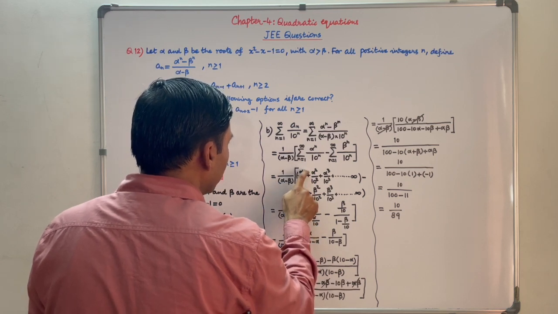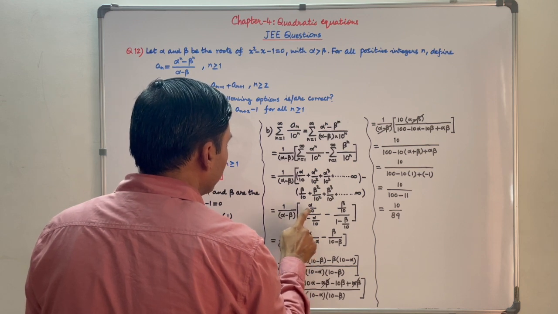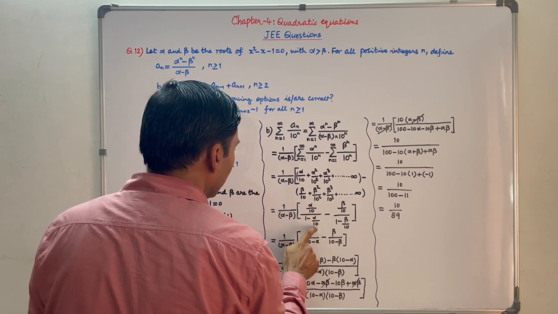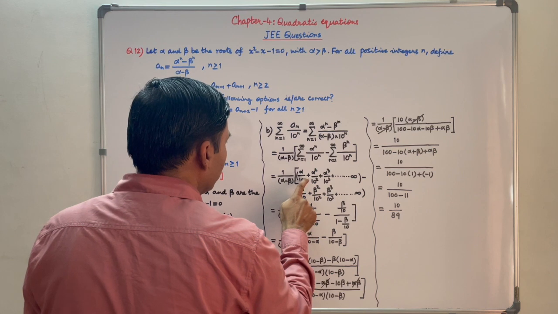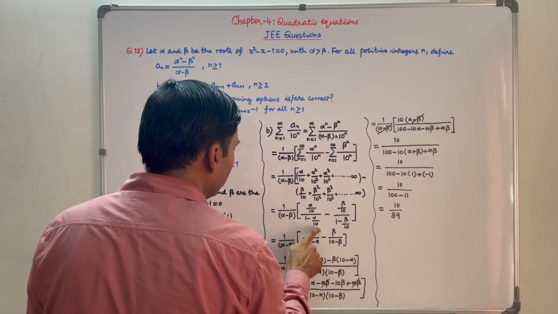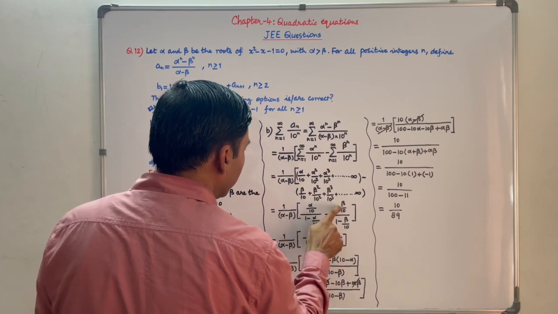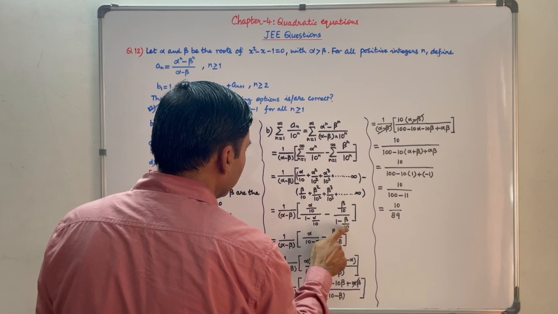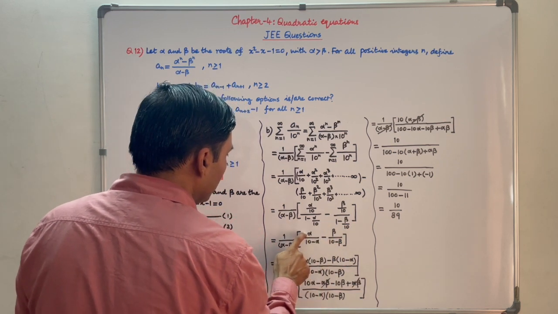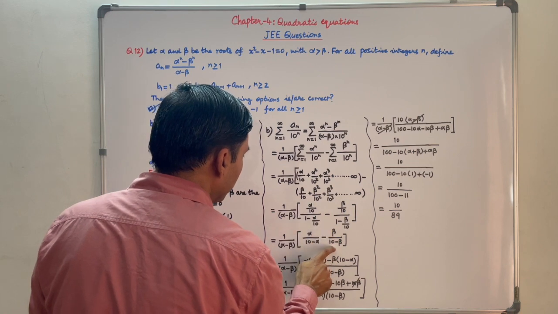Sum of an infinite GP series is given by the formula a upon 1 minus r, where a is first term and r is the common ratio. So sum of this infinite series will be equal to alpha by 10 upon 1 minus alpha by 10. And sum of this infinite series will be given by beta by 10 upon 1 minus beta by 10. This is simplified as alpha upon 10 minus alpha, and this is simplified as beta upon 10 minus beta.